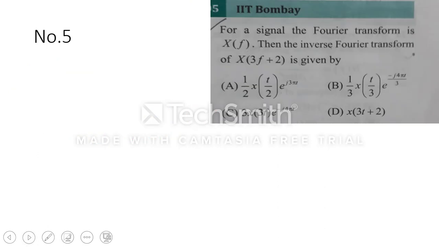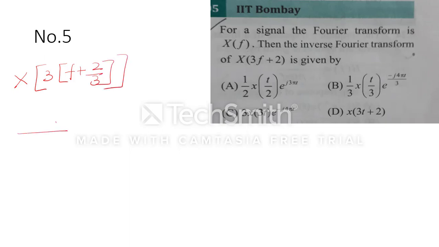Now the next question is, for a signal whose Fourier transform is X(f), they are asking for the inverse. Here again the shifting and scaling property is coming in the picture, but here frequency shifting is there. So again we can write it as 3, taking common, f + 2/3.